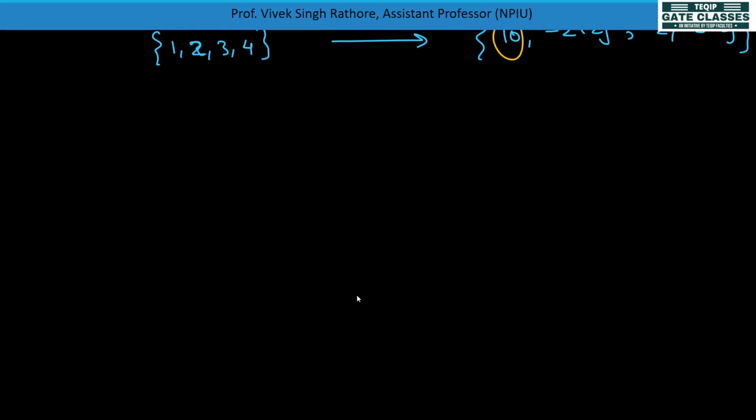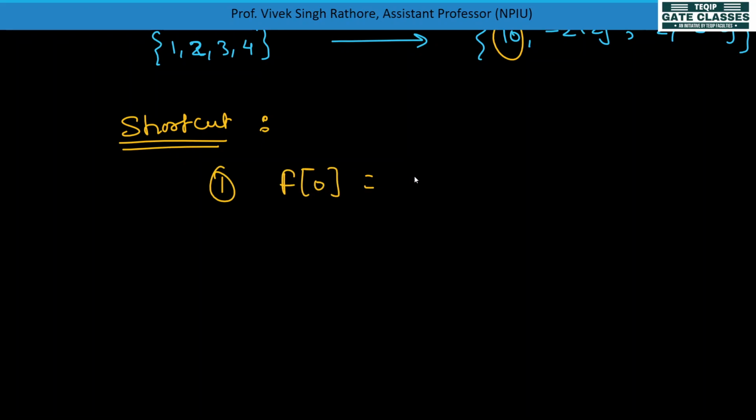So I am telling you the shortcut to find the DFT, not to go for this much lengthy calculation. The first shortcut will be, if you need to calculate the f of 0 value, it is the sum of all the terms.